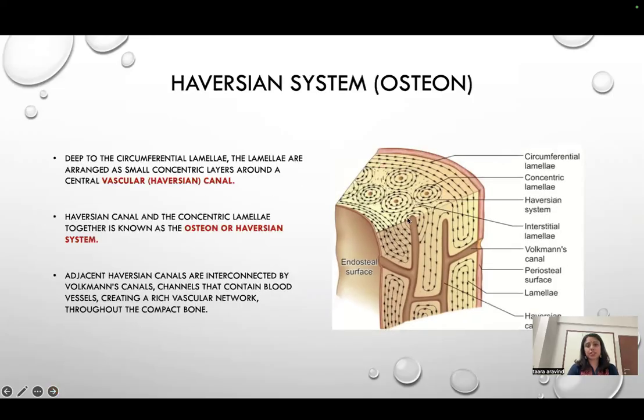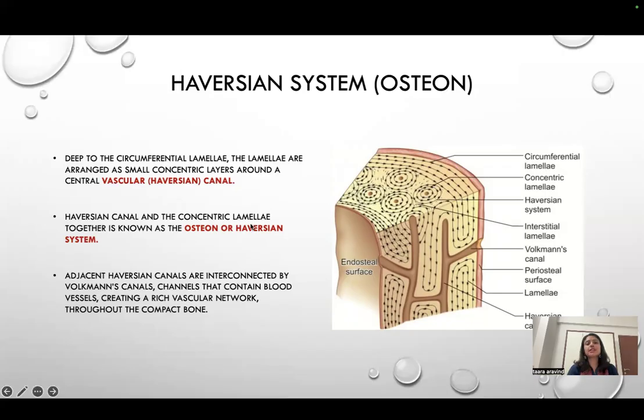Deep to the circumferential lamellae, the lamellae are arranged as small concentric layers. So deeper to the circumferential lamellae, the bony matrix is laid down as concentric layers or circles around the central vascular or Haversian canal that contains blood vessels.